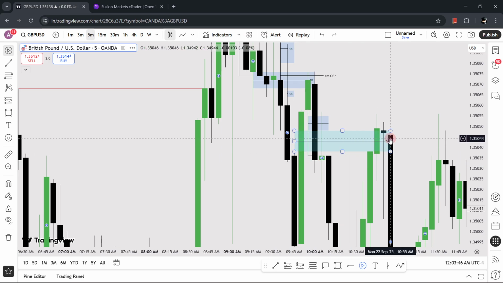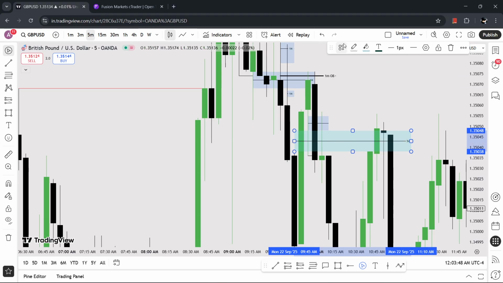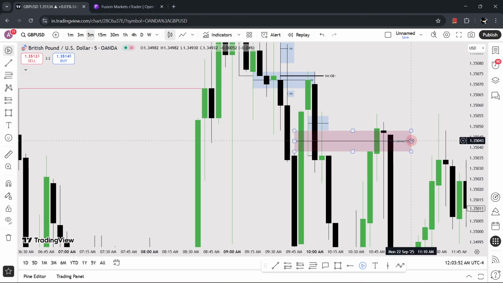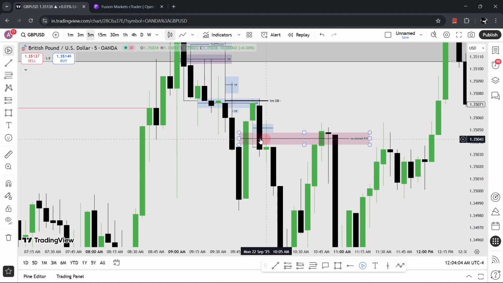So this is called a reclaimed fair value gap. Okay, reclaimed 5 minute fair value gap. So if you just want to enter on a 5 minute basis, you could have entered here with your stop loss there. So this was respected here, here.